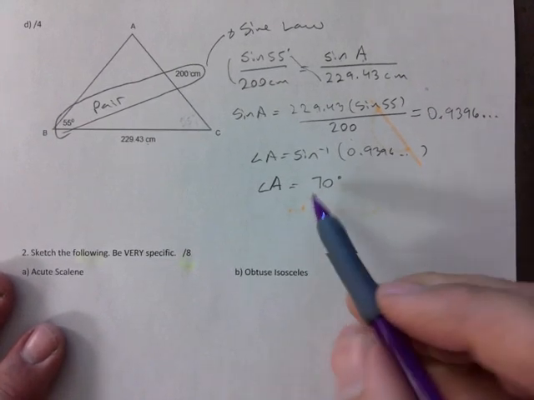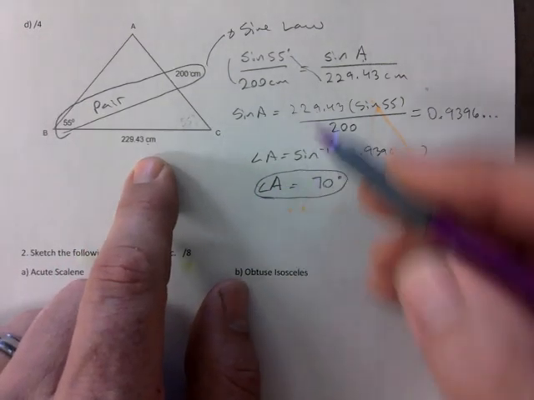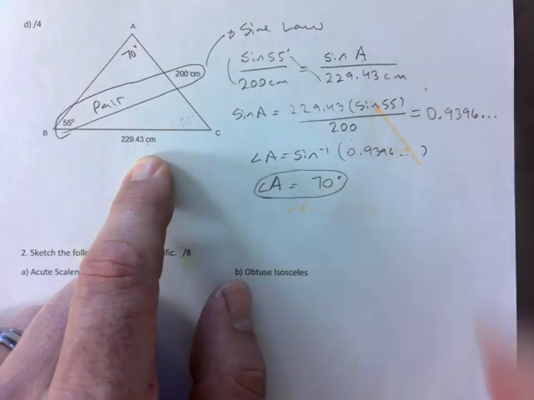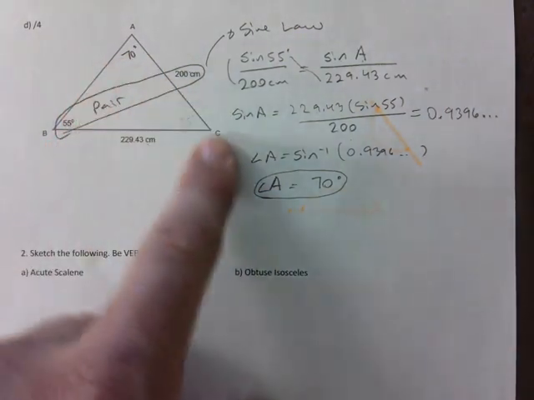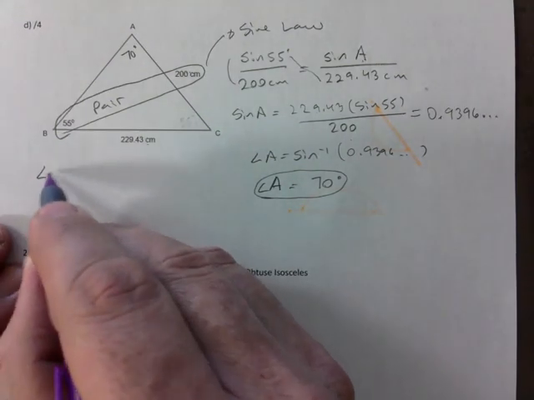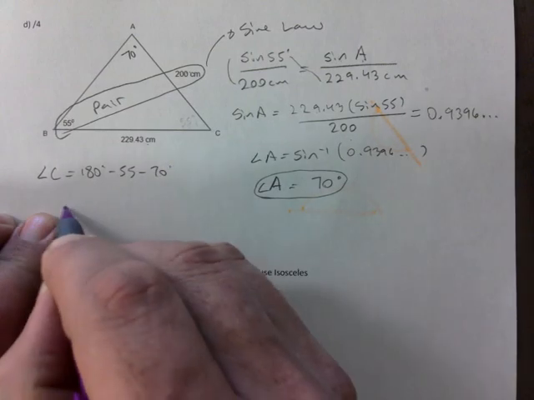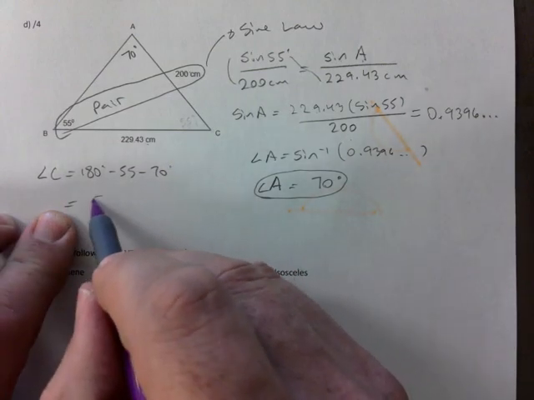So you round that to 70 degrees. So you know that this is 70. What else can you check for C now? It should be easy. Angle C is 180 minus 55 minus 70. And that is 55 degrees.